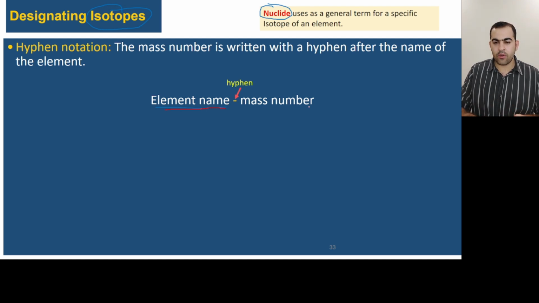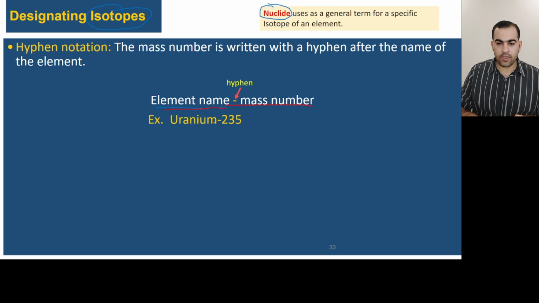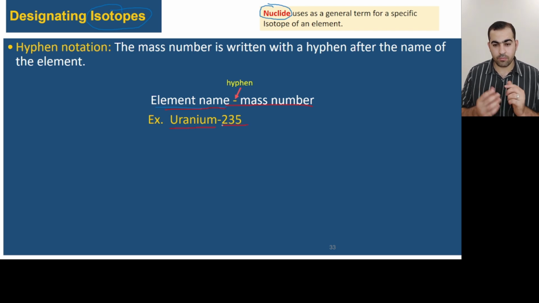After the hyphen, we write the mass number of the isotope. Name of the isotope, hyphen, then mass number. Example, uranium-235. We're going to read it like that. We write the name of the element and the isotope that has 235 mass number, meaning protons and neutrons number.